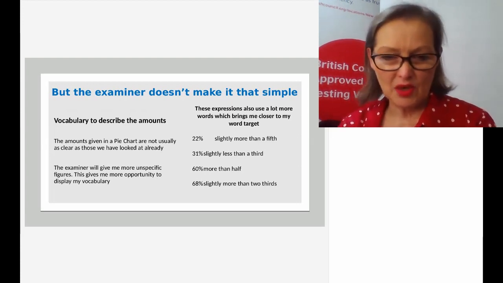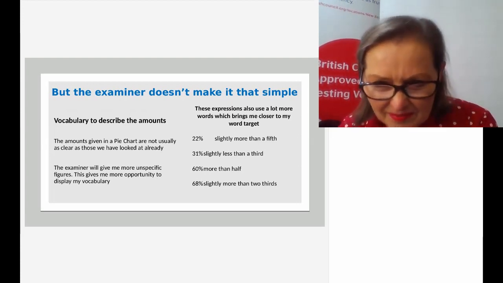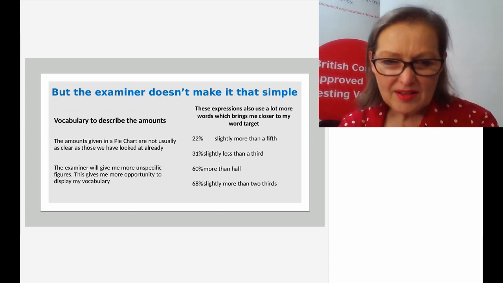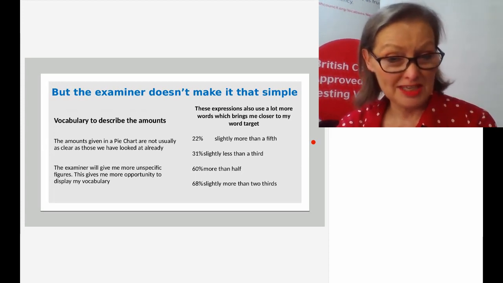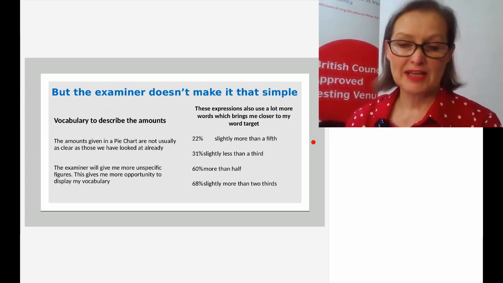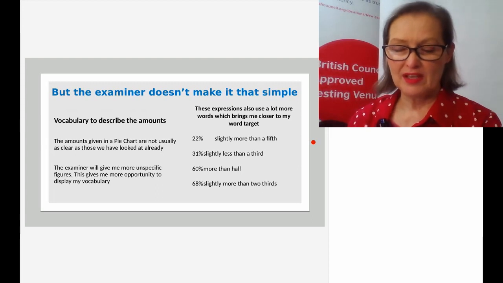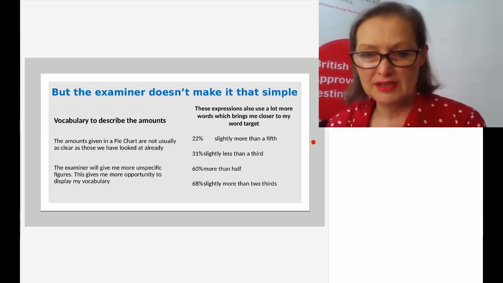Sometimes the examiner will give me slightly more unspecific figures, and this is a good opportunity for me because I can then display my vocabulary. So have a look at the expressions.